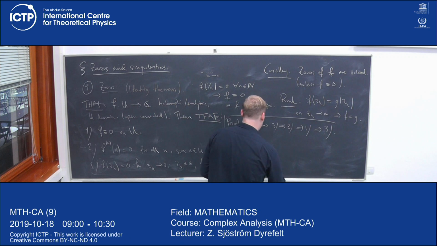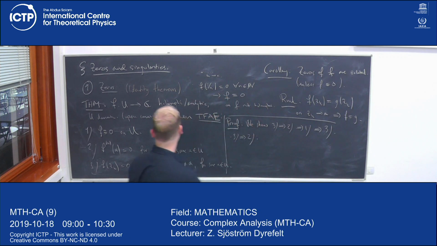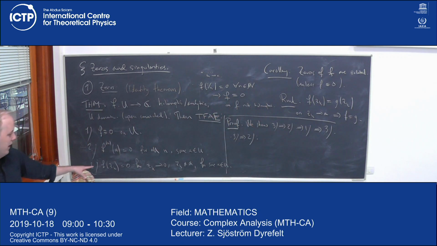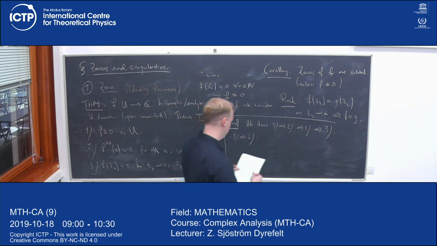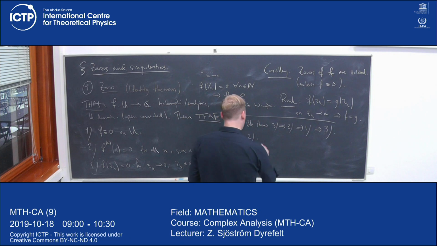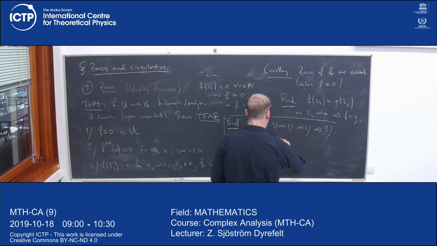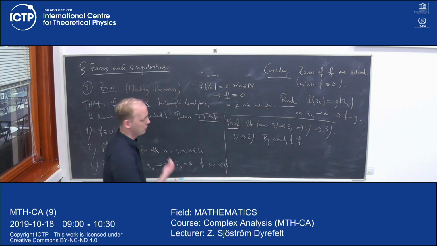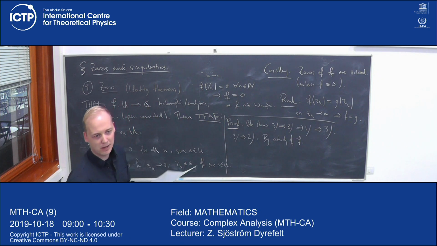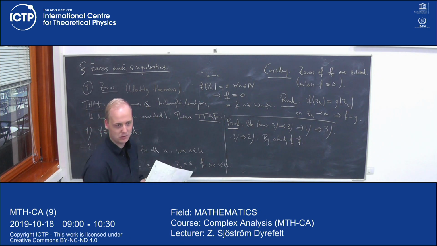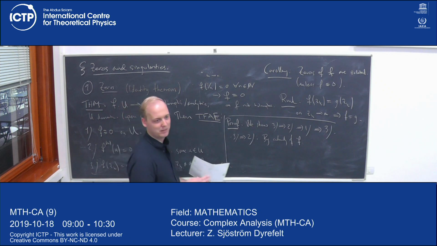Let's look at what we have to do. We assume we have an accumulation point, and we want to show that all the higher derivatives have to vanish. First, by continuity of f: derivatives are constructed from the difference quotient, f of z minus f of a divided by z minus a.